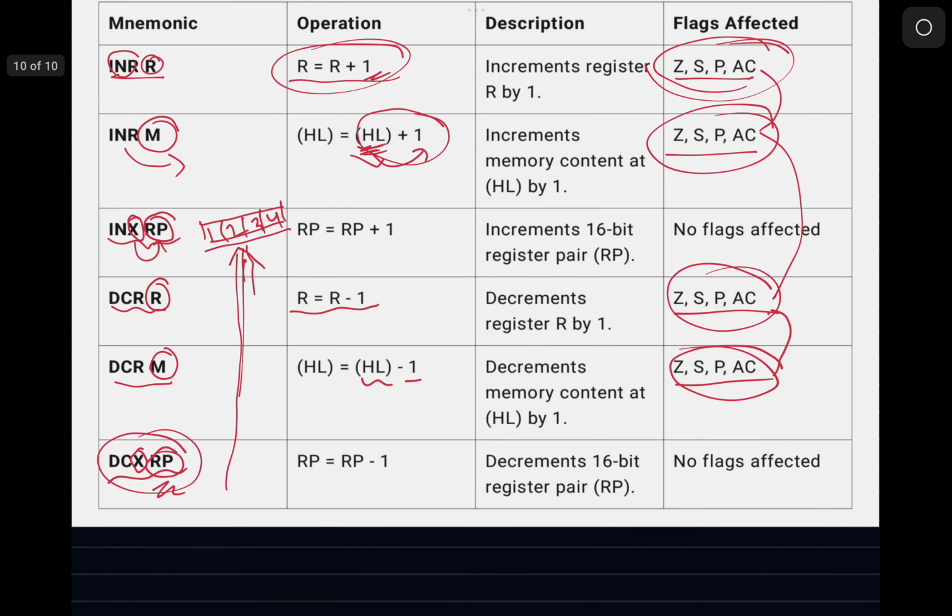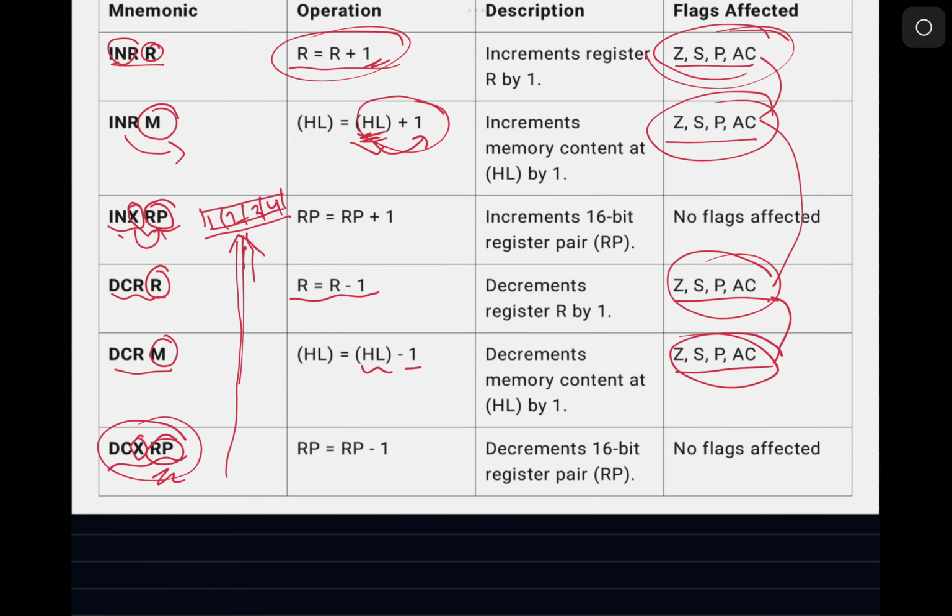And in these instructions, INX RP and DCX RP, okay, in these two instructions, no flags are affected. Why no flags affected? Because in these instructions, it is dealing with 16-bit data, right? So in the 8085, the 16 bits are used for addresses and not for data, right?